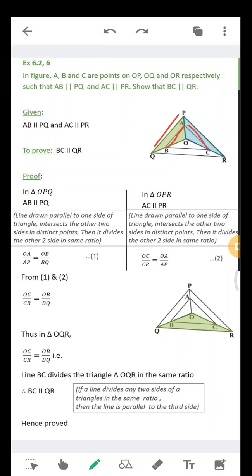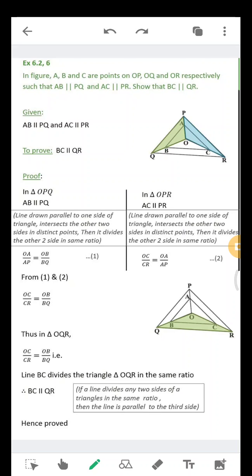You can clearly see that in the figure. This is given to us and we have to show that BC is parallel to QR. Okay, we have to prove BC is parallel to QR.